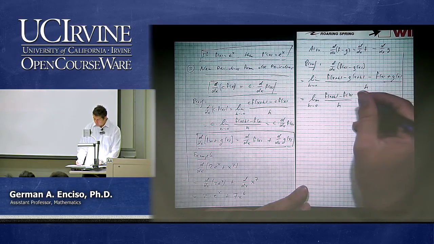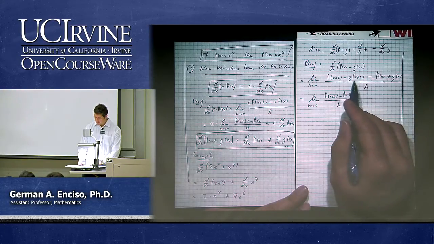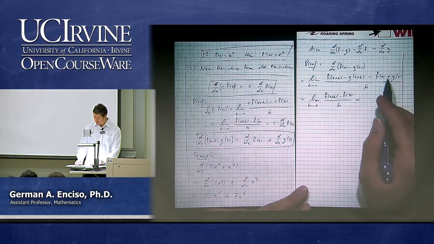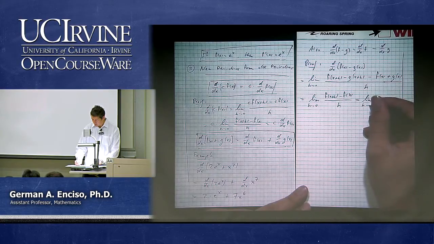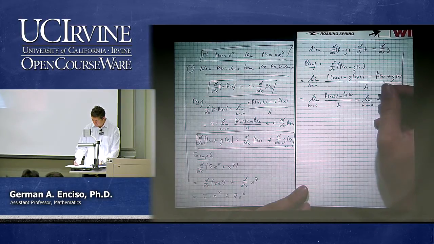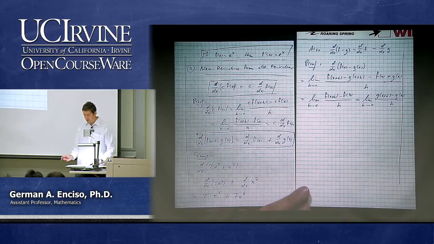And then we subtract g of x plus h minus g of x divided by h, in a different limit.